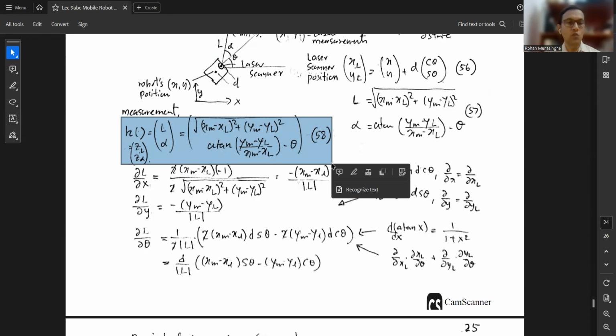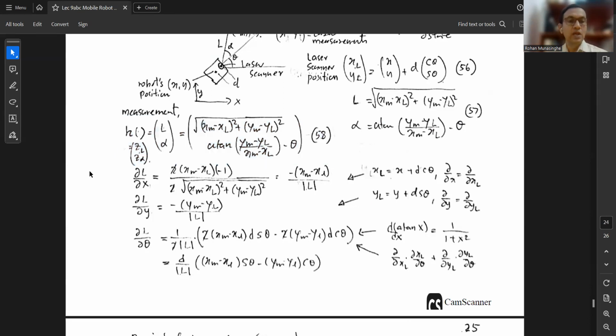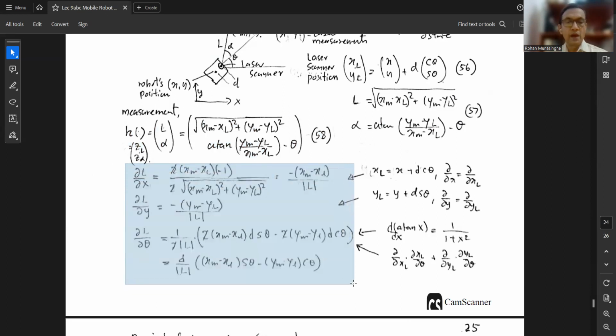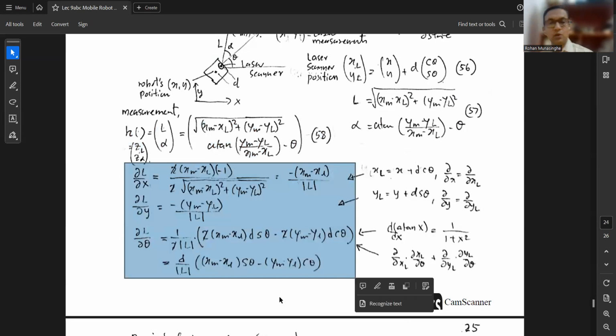That is x, y, and theta. And you can see all these partial derivatives over here. Can you see that? Partial L over partial x, partial L over partial y, partial L over partial theta. When you do the differentiation, you have to be careful a little bit.